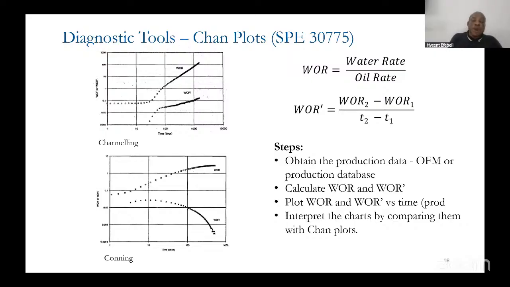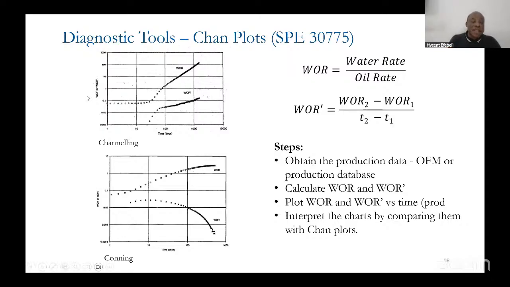So when you plot this water oil ratio and the derivative of the water oil ratio, it gives you signatures that help you characterize your water. For instance, the first chart, these are not the only charts on that paper. Please try and lay your hands on that paper so that you can also read it and understand it, because these are not the only charts there, but these are the major ones that I said I should show.